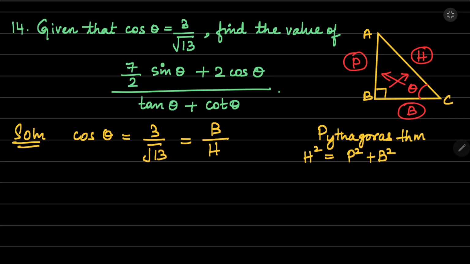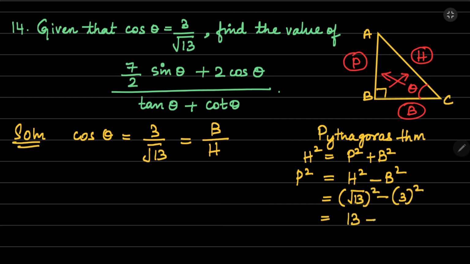Okay, so perpendicular is called the opposite side, base is called the adjacent side. Whenever you have a right angle triangle and you're applying the Pythagoras theorem, it is h square equal to p square plus b square. What do we need? We have b and h, we need perpendicular. P square equals h square minus b square. H is root 13 the whole square minus 3 the whole square.